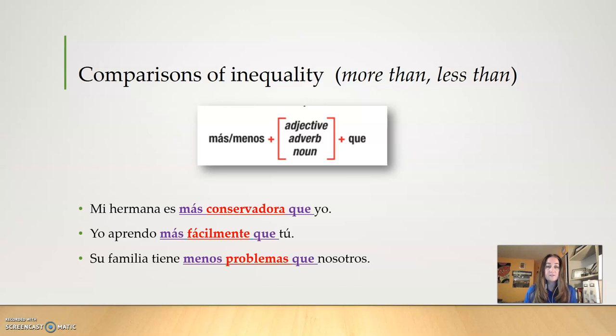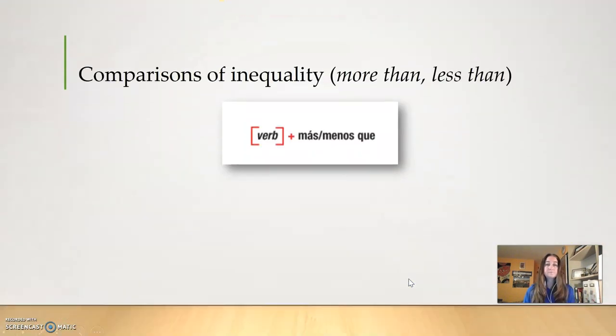So we can use this formula, más o menos, plus the adjective, adverb, or noun, plus que, to make more than or less than comparisons with adjectives, adverbs, and nouns. Comparaciones de desigualdad, more than, less than.